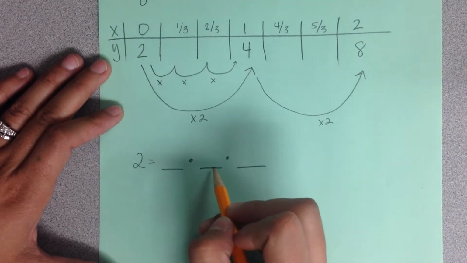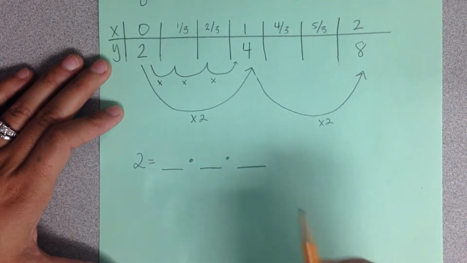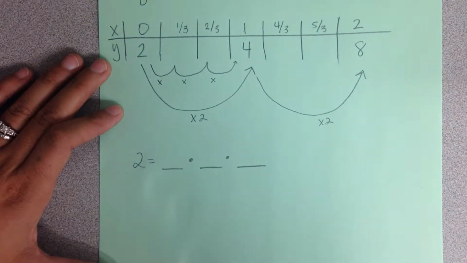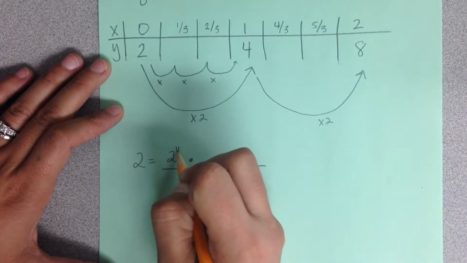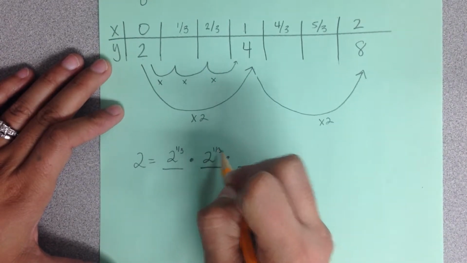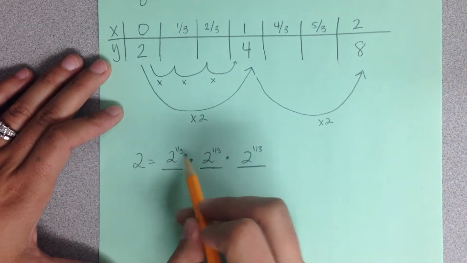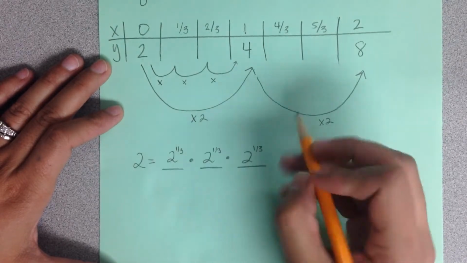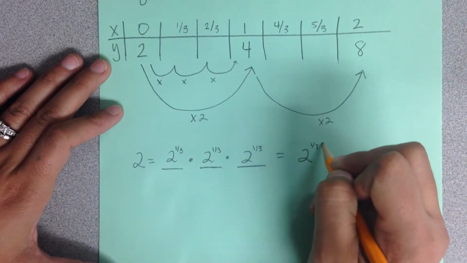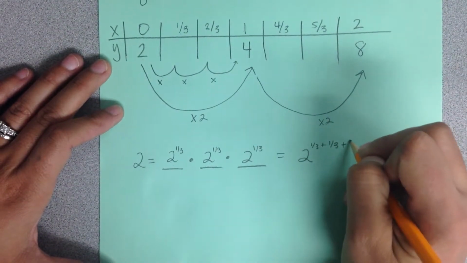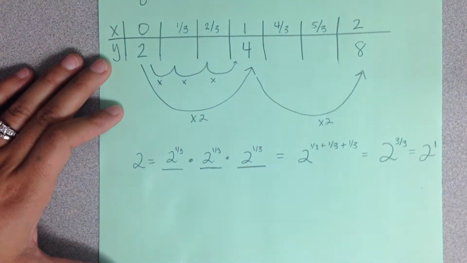So we have to find some number that multiplies by itself 3 times to equal a whole jump of 2. Thinking about what we know about exponents, we can say that it's 2 to the 1/3 times 2 to the 1/3 times 2 to the 1/3. Because when we have bases with powers, if the bases are the same, then we keep the base and add our exponents. So it's 1/3 plus 1/3 plus 1/3, which equals 2 to the 3/3, or 2 to the 1st, which is 2.